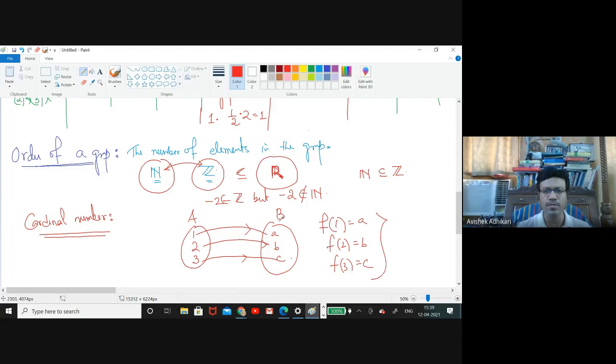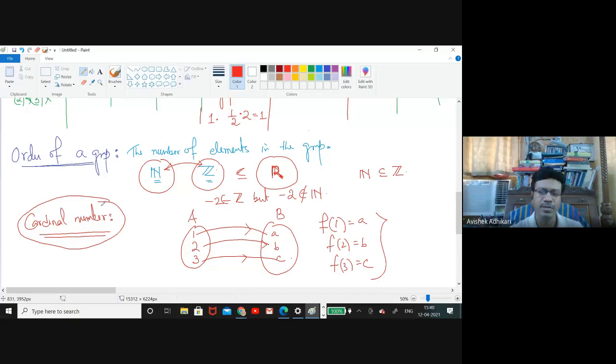Since both of them are finite, it's easy to visualize. But what will happen if both the sets are infinite? Then you may not be able to define it individually, because there are infinitely many elements. So there, cardinal numbers and how to define such mappings play an important role.